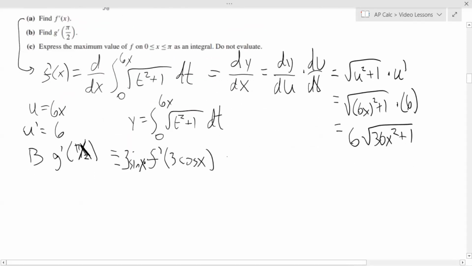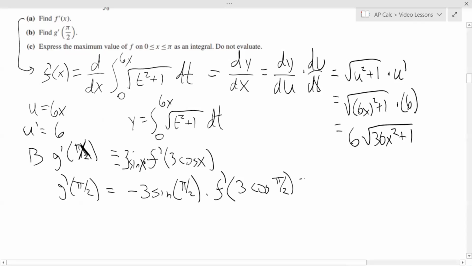All right. So this evaluated at pi over 2 is going to be negative 3 sine pi over 2 times f prime of 3 cosine pi over 2, which is going to be negative 3 times sine of pi over 2 is 1 times, now 3 cosine pi over 2, cosine pi over 2 is 0, so 3 times that is still 0, so it's going to be f prime of 0.